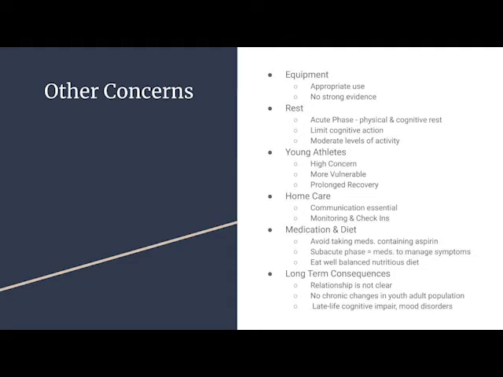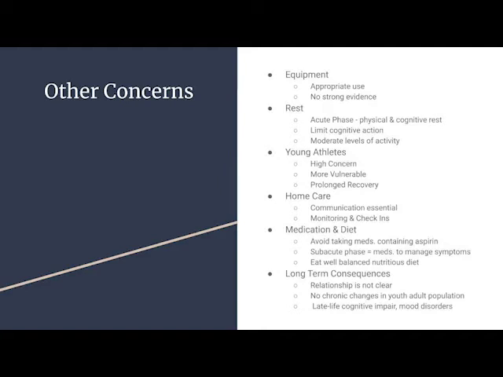Other considerations to think about. One of the other considerations is equipment. Athletes must be aware and educated about the limitations of protective equipment for concussion prevention. Athletic trainers, athletes, coaches, and parents should all read the warning labels associated with protective equipment.